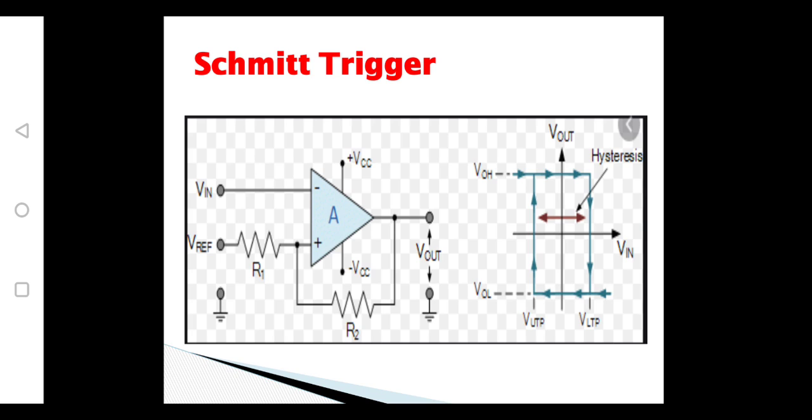Similarly, VLT, the lower threshold, equal to minus Vsat into R2 by R1 plus R2. We substitute these values of upper threshold and lower threshold in hysteresis, and we get hysteresis H equivalent to twice V saturation into R2 by R1 plus R2.